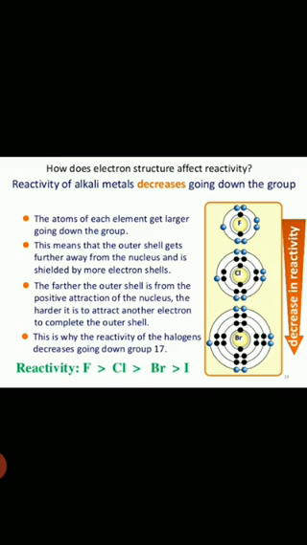This is why the reactivity of the halogens decreases down the group, as the attraction for the incoming electron will also decrease. So fluorine, chlorine, bromine and iodine, the reactivity decreases down the group.